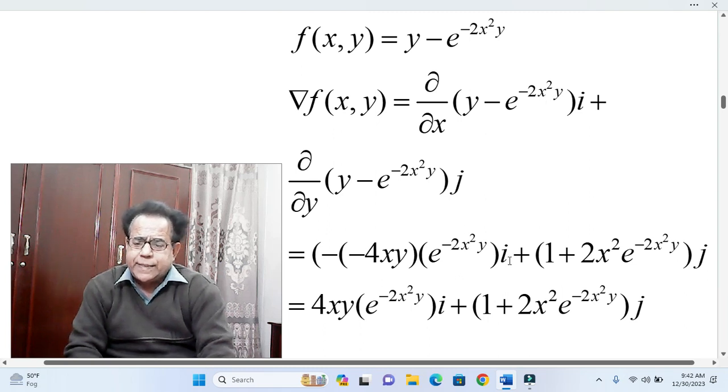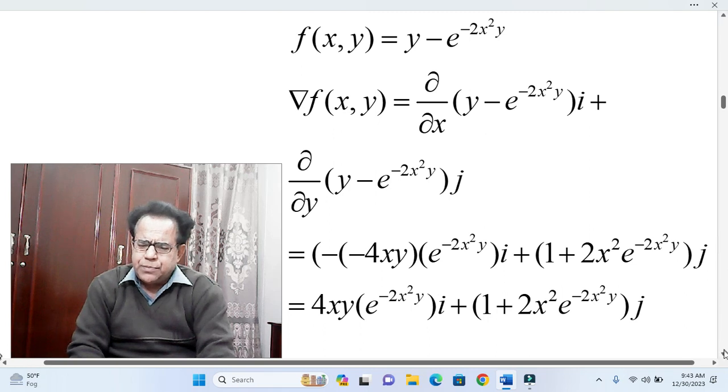Minus 2x square will be written along with the minus, but then this minus will become plus, minus into minus. So plus 2x square in place of y, and then the whole factor as it is. After simplification this becomes this.